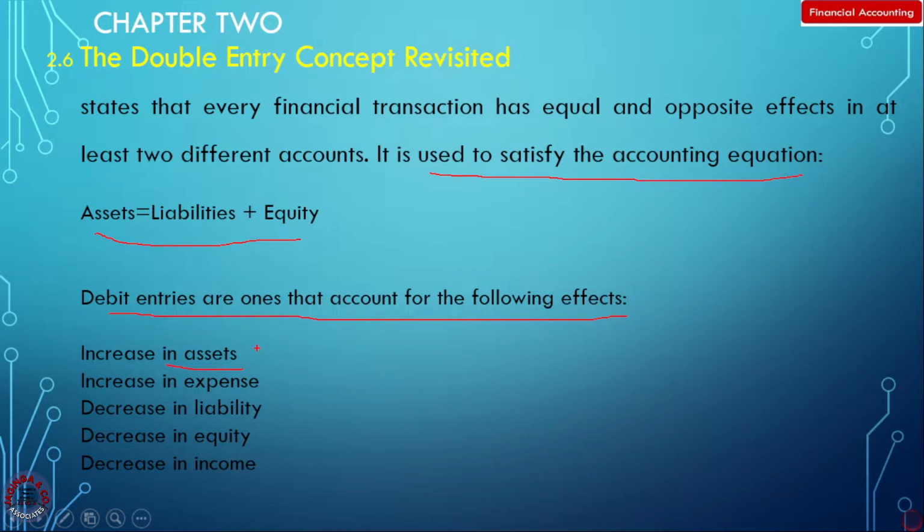From our previous example, showing how the double entry concept affects at least two different accounts, we debited assets, so the asset account was increased by the amount of value that was debited. And then increase in expense. We had said earlier that expenses are always debited. So when you debit an expense account, you will increase the value of the expense within that account.